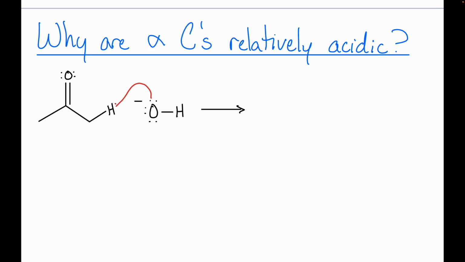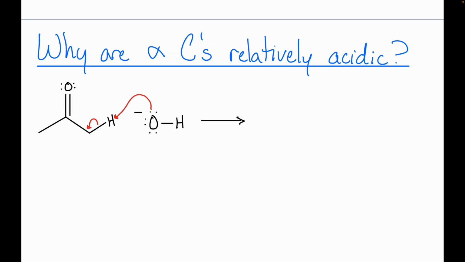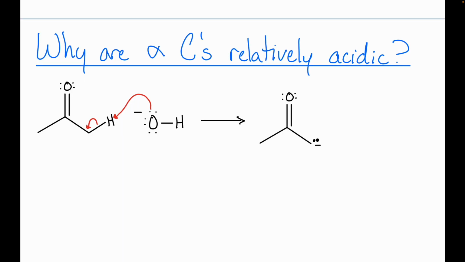The base, the nucleophile, attacks that electrophilic acidic hydrogen, and that pair of electrons jumps onto that carbon there, creating my conjugate base here with that negative charge on that carbon, and water. All right, if we're going to be good with our arrow here, we learned how to do this back in the first semester.